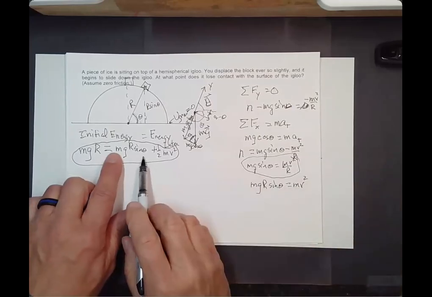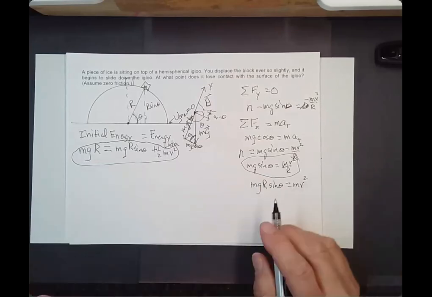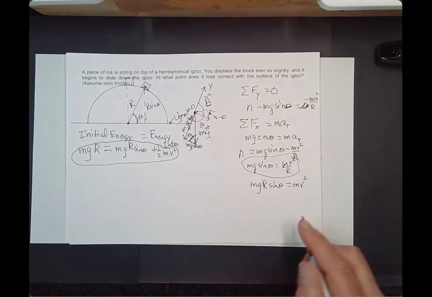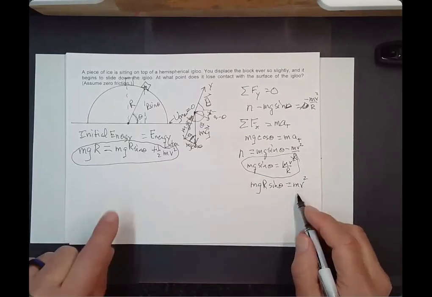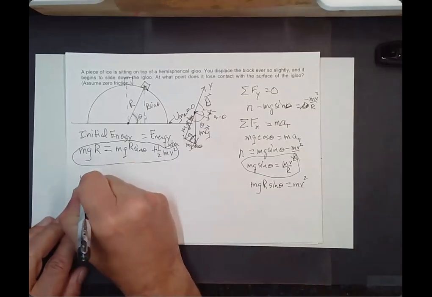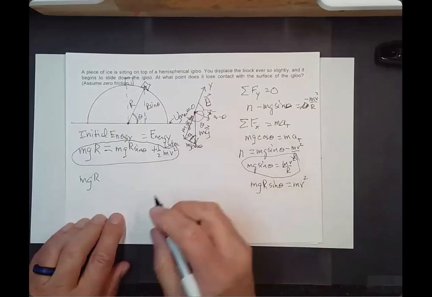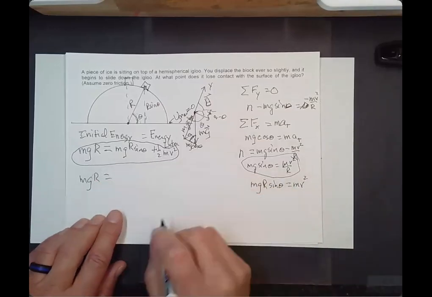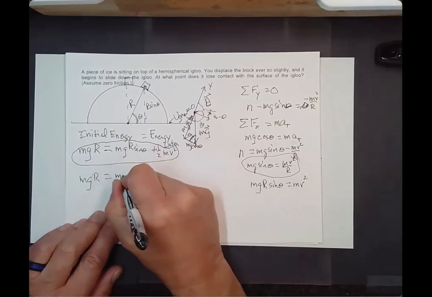Well, that's mgR sine theta. I can replace it with mv squared because that's what mv squared will be when it loses contact.